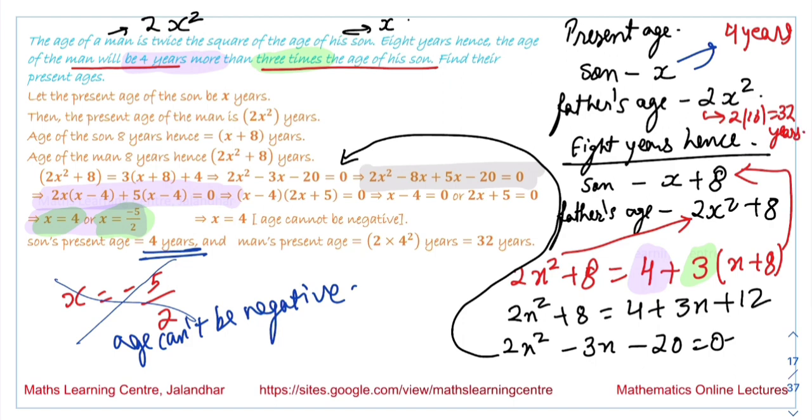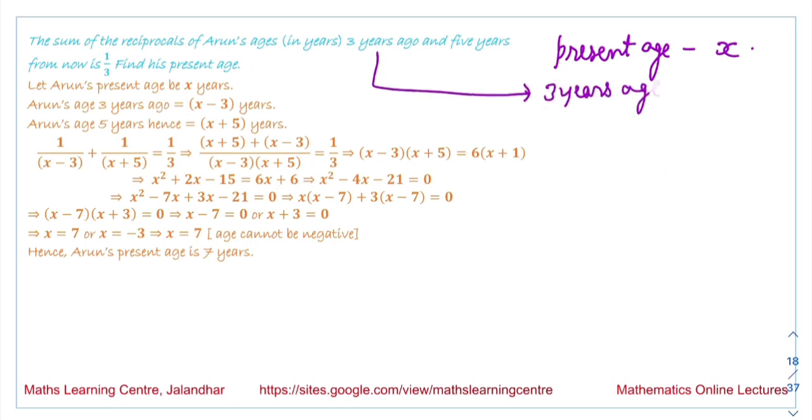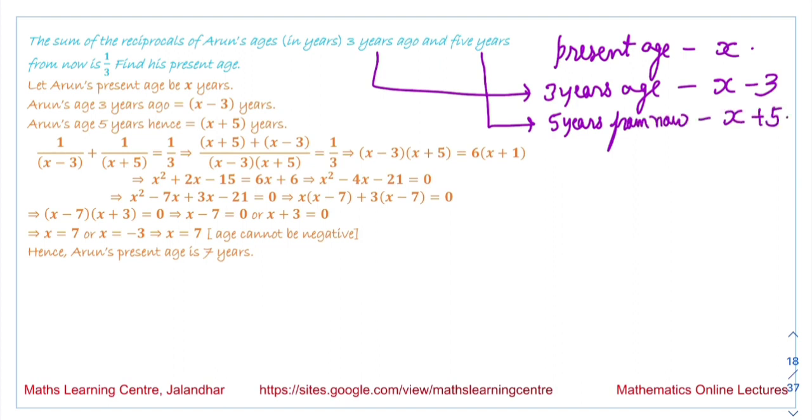Next: the sum of the reciprocals of Arun's age in years 3 years ago and 5 years from now is 1 by 3. Now suppose the present age is x. Now 3 years ago the age was x minus 3, and 5 years from now the age is x plus 5.